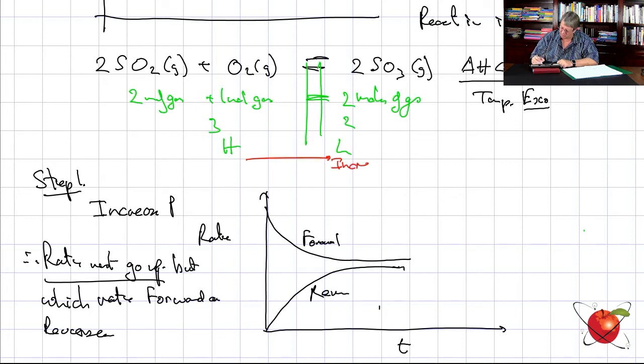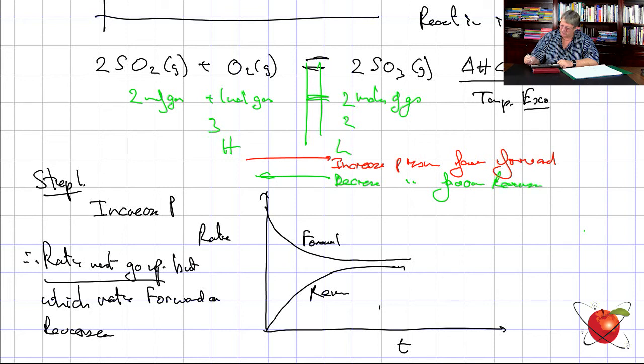If I decrease pressure, I favor reverse, don't I? Increase, it'll favor going to the low side.